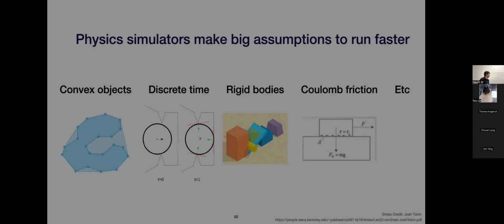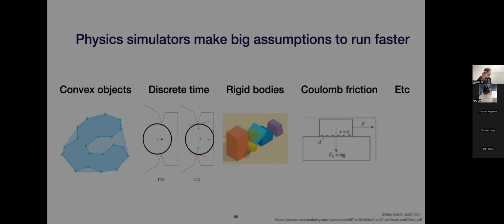I mean, there are simulators that support deformable objects, but usually that's very slow. And there is also something called Coulomb friction, which is not the true friction we have in the real world, but some approximation you need to deal with when you consider the contact between two surfaces instead of two points.